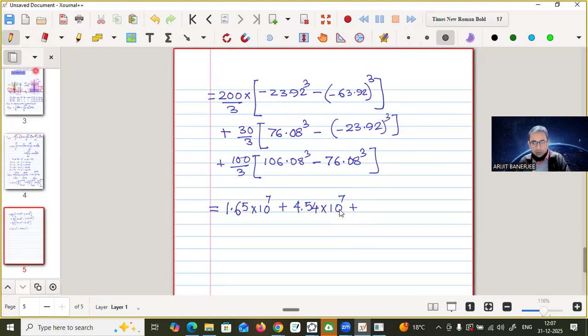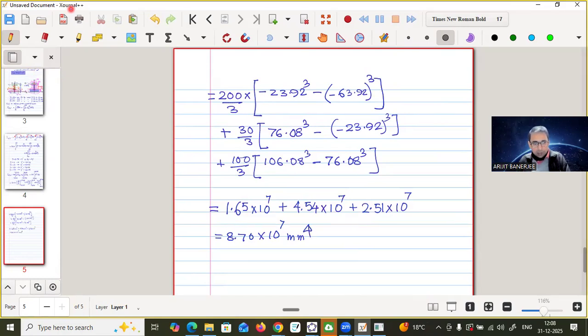And then the third one is 2 point something. So finally it will be 8 point something, right? 8.70 into 10 to the power 8 millimeter to the power 4.